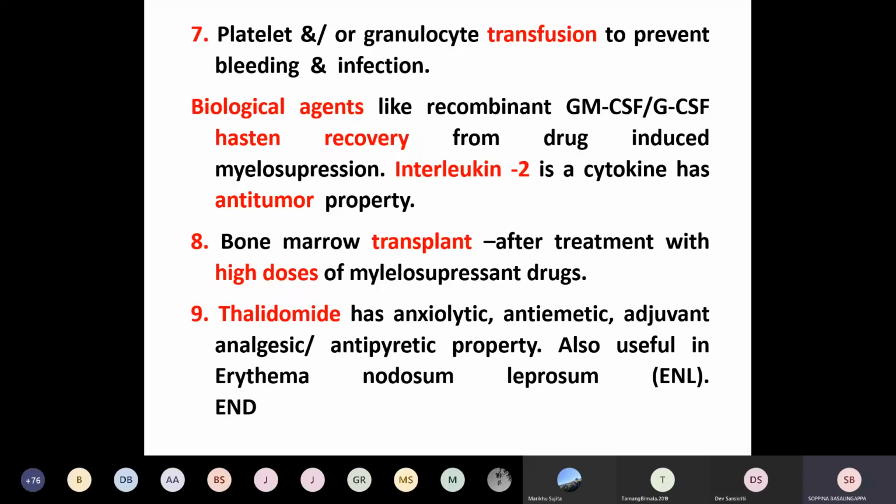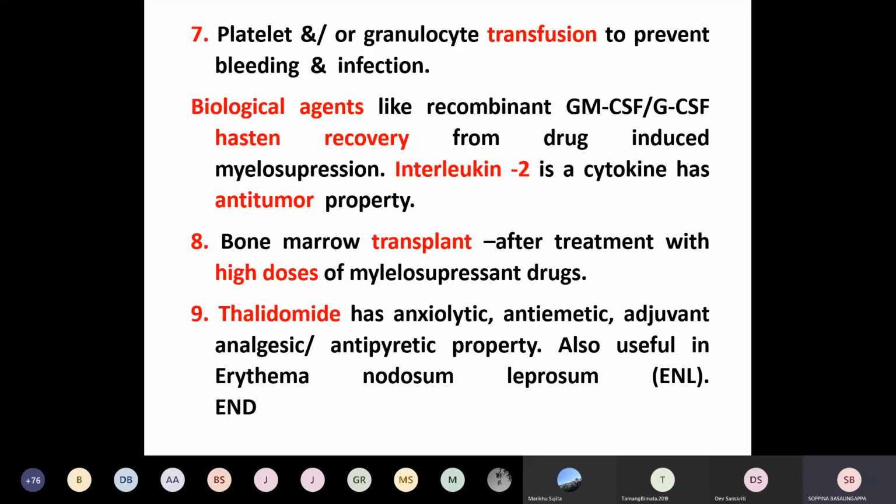Now, in addition to that, there are certain biological agents like recombinant growth factors. By giving those, you are hastening the recovery from drug-induced myelosuppression. Then interleukin-2 is a cytokine that has anti-tumor property.